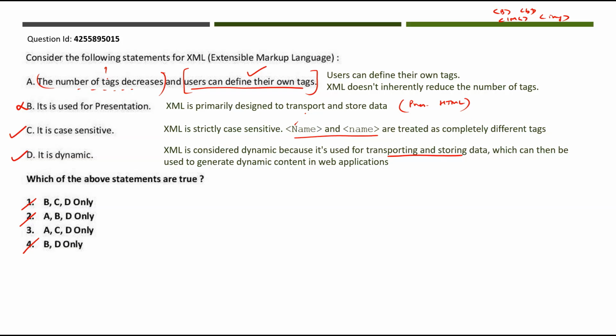Based on that aspect, some articles might support this statement, but in general XML doesn't by default reduce the number of tags, because you are actually creating the tags. Just keeping this point in mind, we can mark A to be true. I am marking option number 3, ACD, as the right answer.